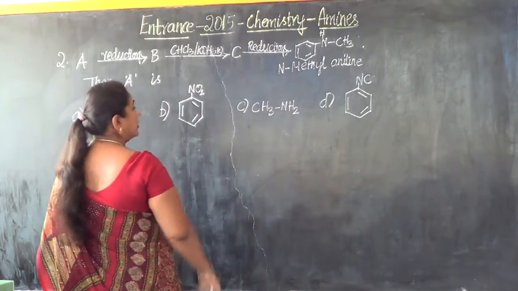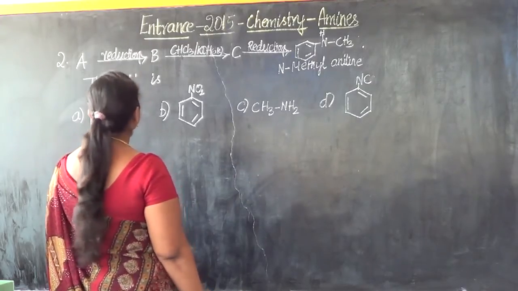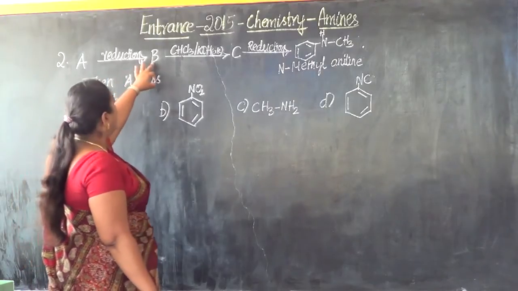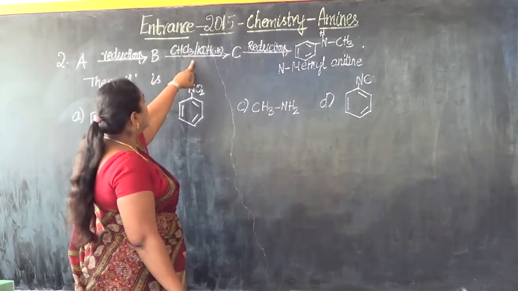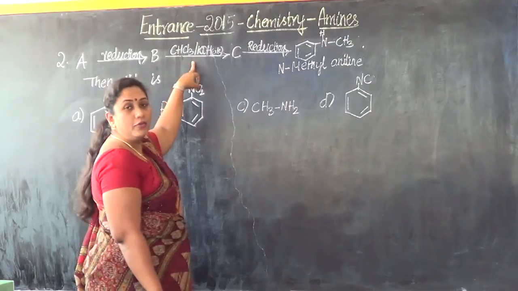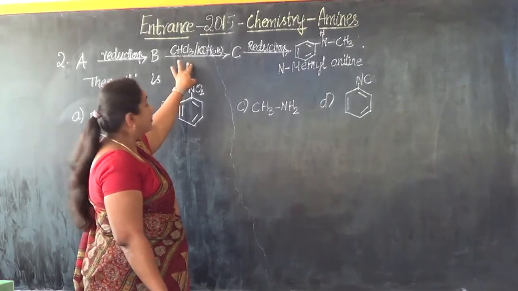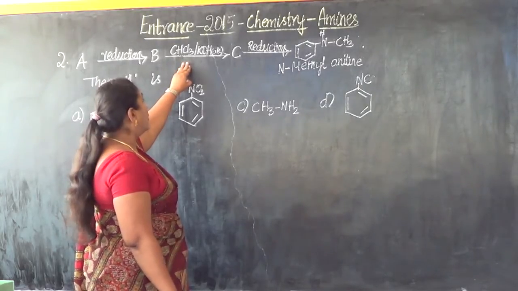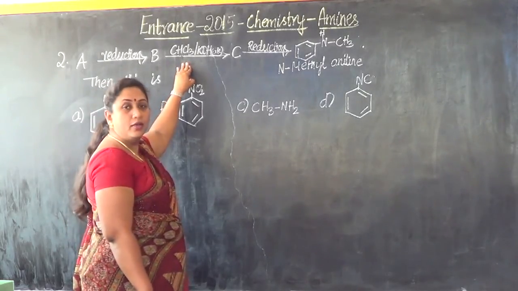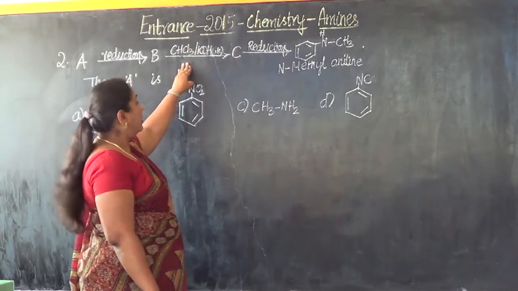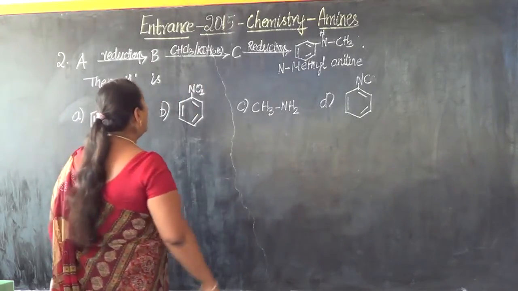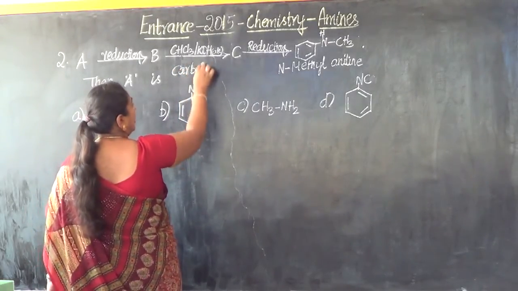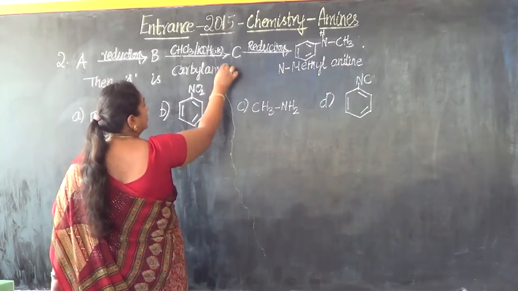Now let us look at the options and understand the question once again. A upon reduction gives B. B is subjected to treatment with chloroform and alcoholic KOH. That's the clue for us. When can we treat any compound with chloroform and alcoholic KOH? It's the most popular reaction, the carbylamine reaction.